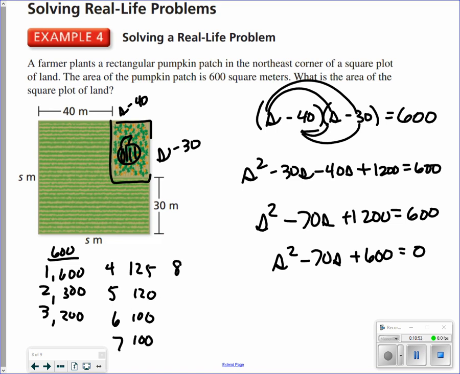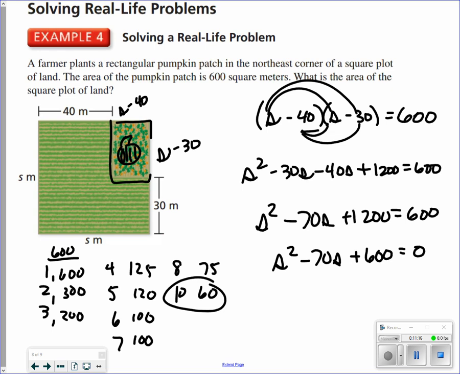I don't have it here in front of me. Let me wait one second here. 8 and 75. So I'm getting closer and closer. 600 divided by 9. 10 times 60. There it is.